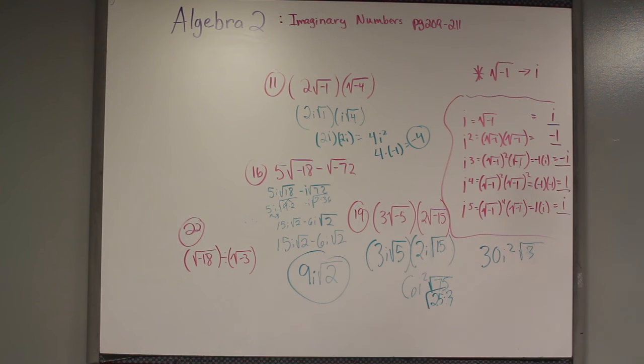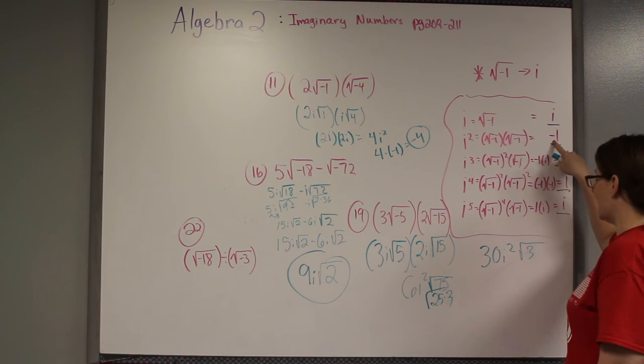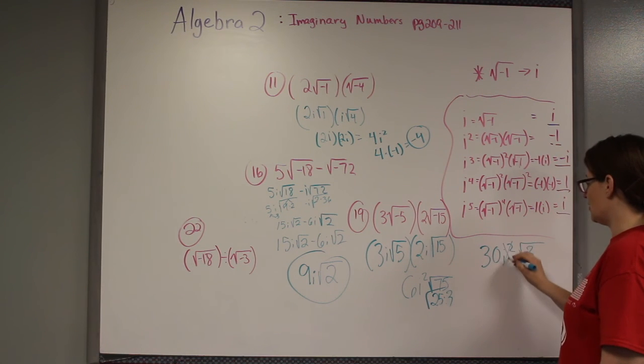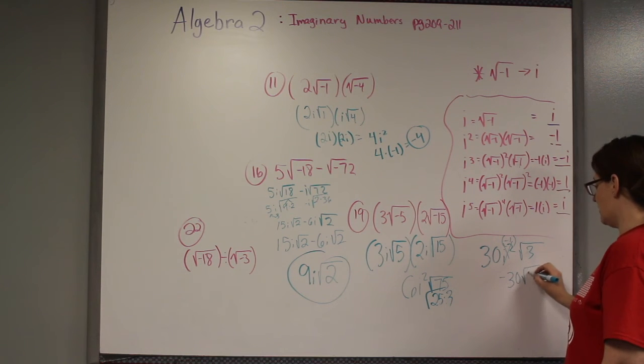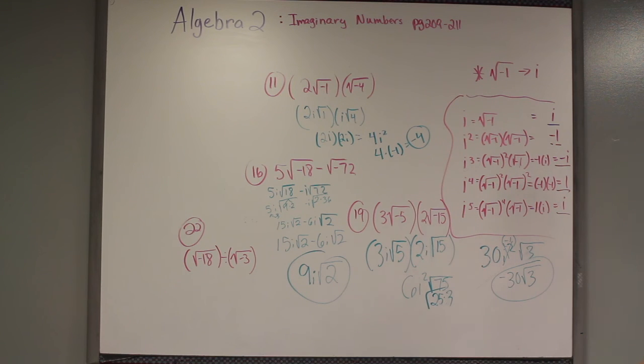What I want to do here is look up here for i squared. It is a negative 1. So instead of i squared here, I'm going to have a negative 1. Well, 30 times negative 1 is just negative 30, and then this is radical 3, and that is my completed answer. Okay? So although this looked very complicated to you, it's not that bad.